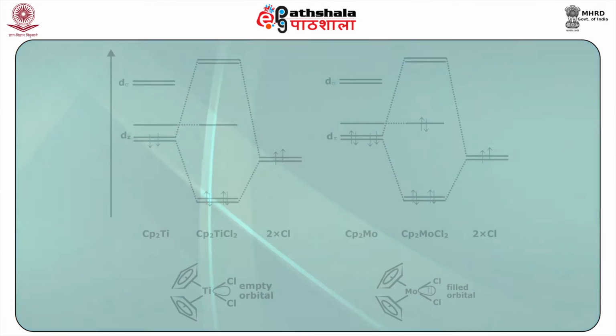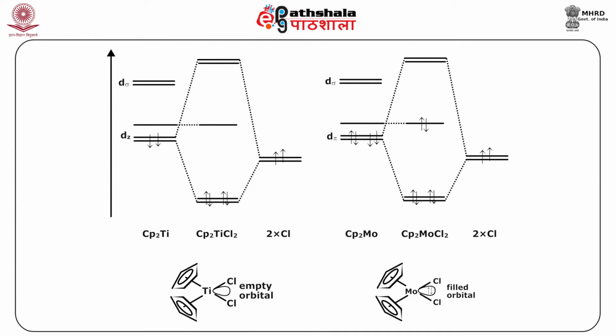Bent metallocenes are represented by the formula Cp2MXn type complexes formed of group 4 and other heavier elements of groups 5 to 7. In these complexes, the frontier doubly degenerate E2g orbitals of the Cp2M fragment interact with the filled lone pair orbitals of the ligand.